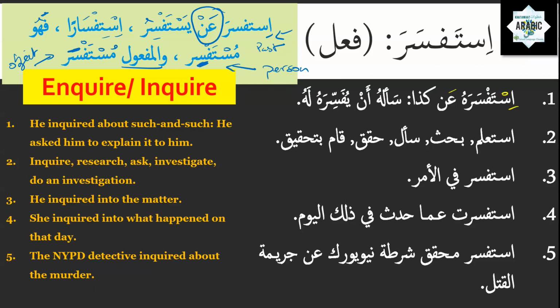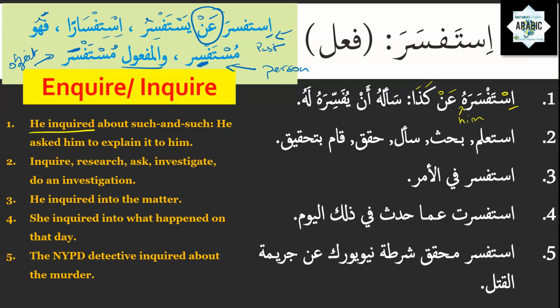استفسره عن كذا. He inquired. So استفسره, he inquired someone, or he asked someone for clarification. So when we say who, we're referring to another person in a conversation, him.